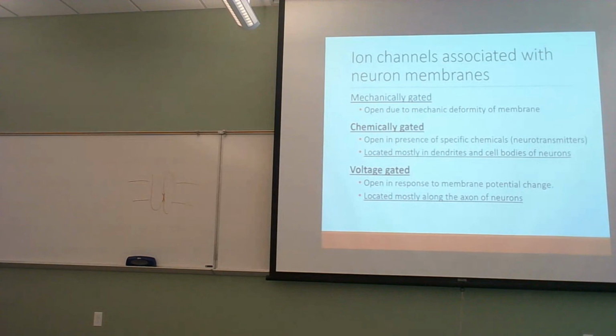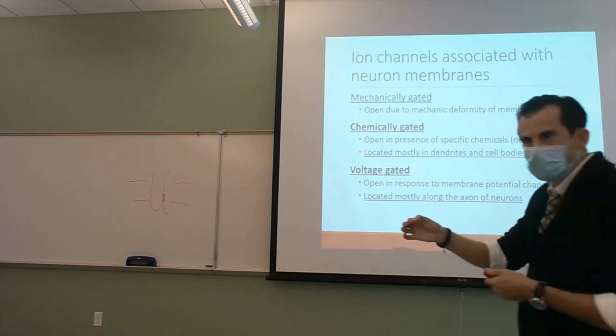So, mechanical deformation of tissue opened up a mechanically gated channel. The presence of a particular chemical opened up a chemically gated channel. What opens up a voltage gated channel? Voltage. That's where the logic takes us, right? This is where my analogy falls apart just a little bit. Voltage is already occurring. What opens up a voltage gated channel is a particular degree of change in voltage.